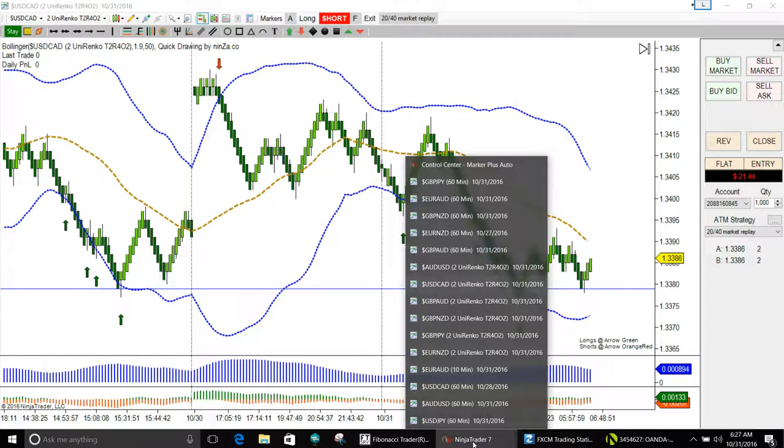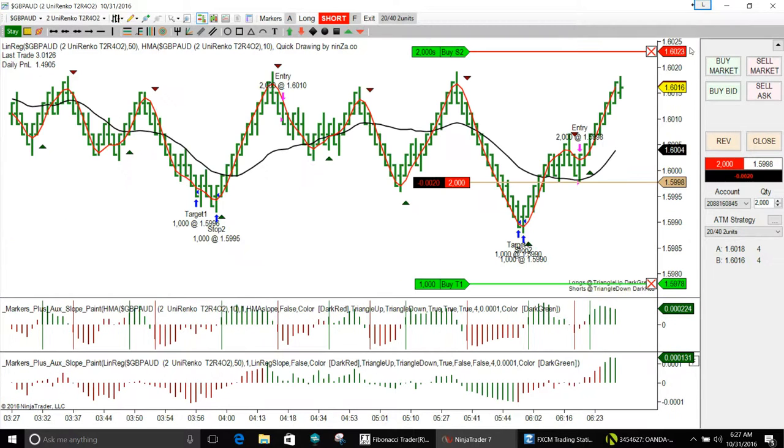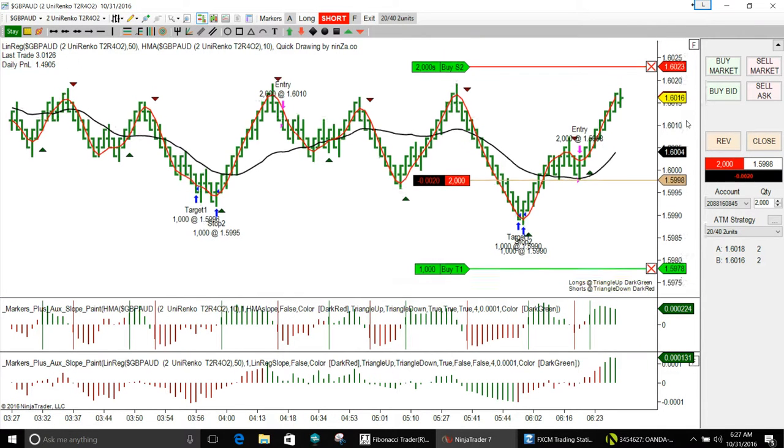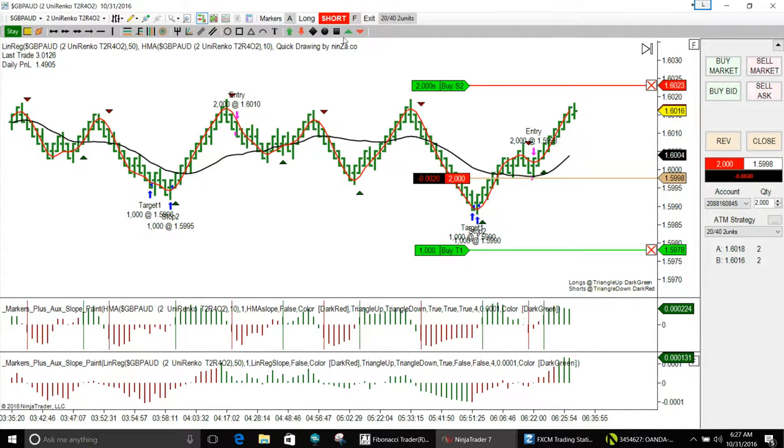Then we have the pound Australian. This one performed okay last week, not great because I still have to tweak it. This one needs more tweaking. So right now the pound Aussie is, I think, 60 minutes on the down. So I got this on shorts.